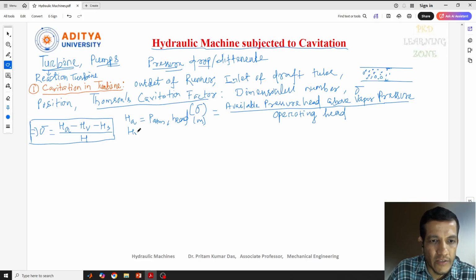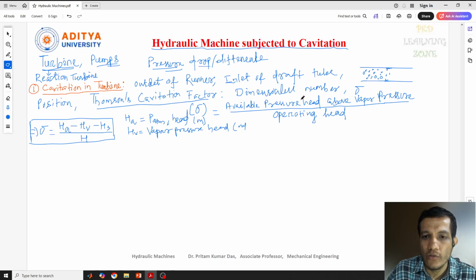And similarly this is HB, vapor pressure head, and that also we write in meter. So what you can see here, pressure head and operating head, both are head only. So this will be meter, this will be meter, so no dimensions. No units, no dimensions for this. That's why it is called a dimensionless number.